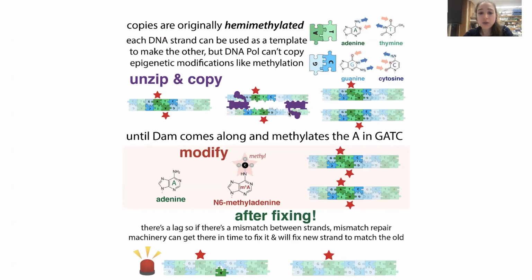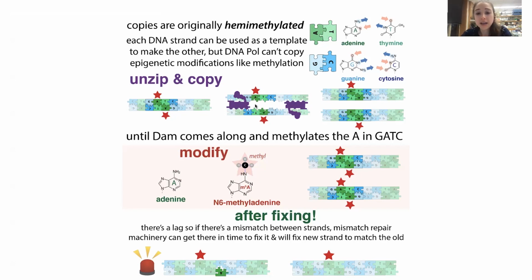It wants to know which strand is the template and which is the new one. Initially, the copies are going to be hemimethylated because the DNA polymerase can't add the methylation. The DAM adds the methylation.